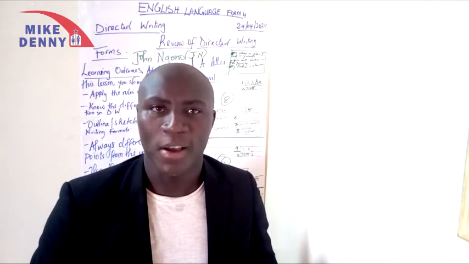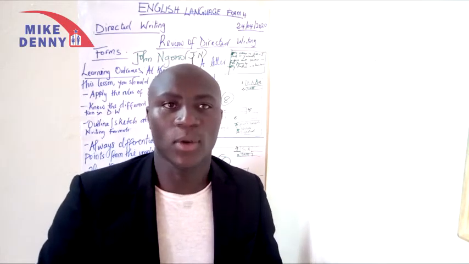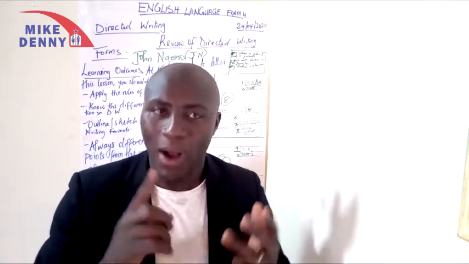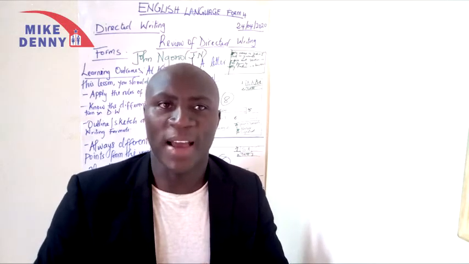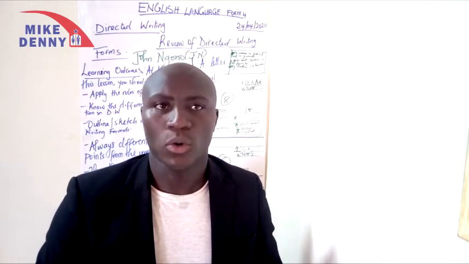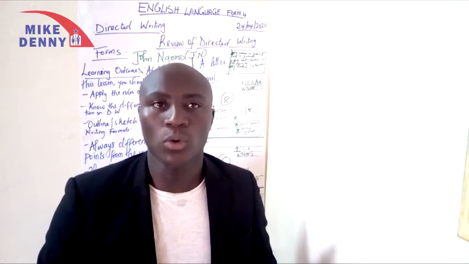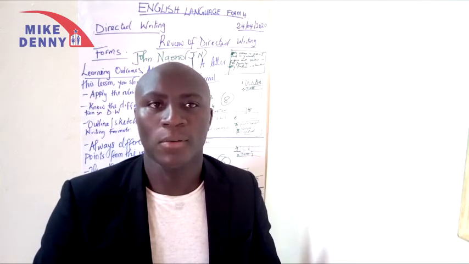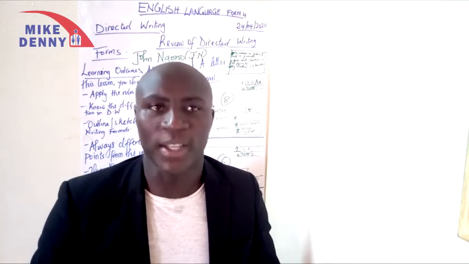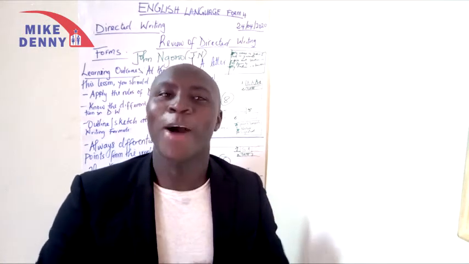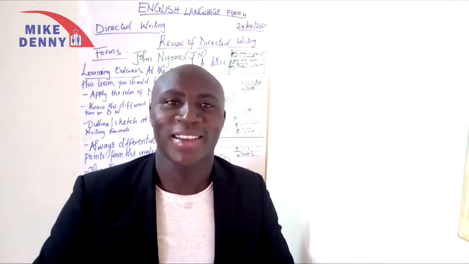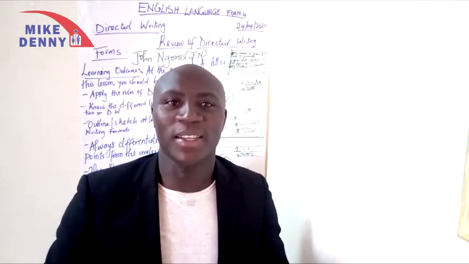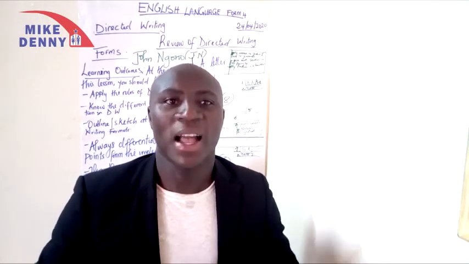And 4. A rejoinder. Those are the 4. 1. An advice or talk. 2. A report. 3. A debate. And 4. A rejoinder. Thank you and hope to see you in the next lesson. You shall equally see samples of directed writing at the level of your Google Classroom material.